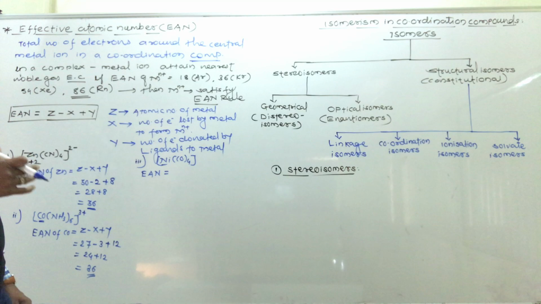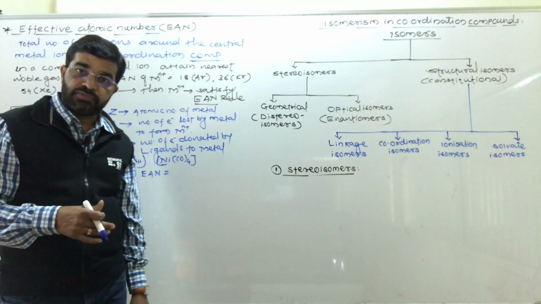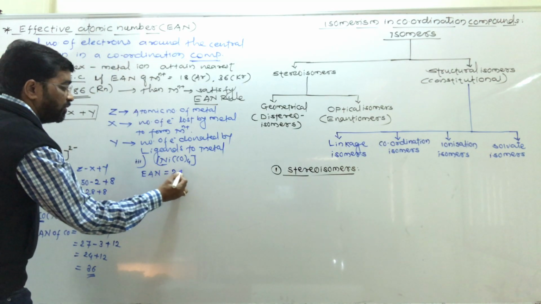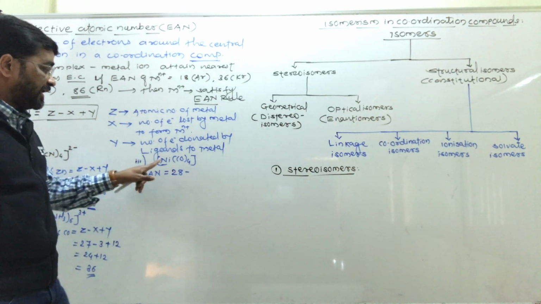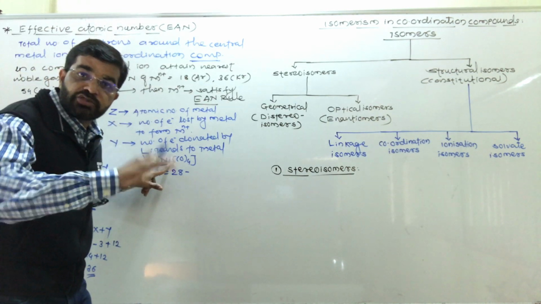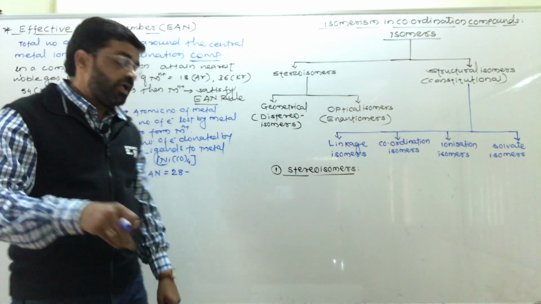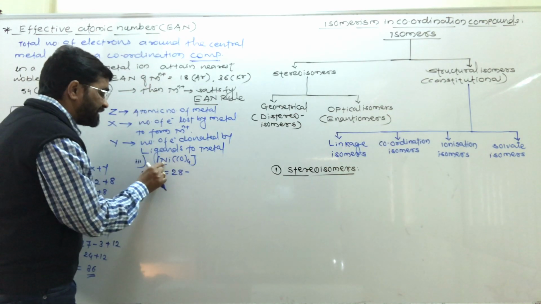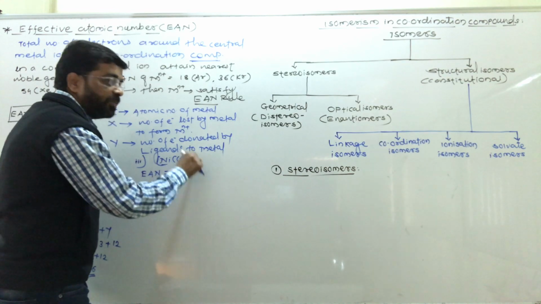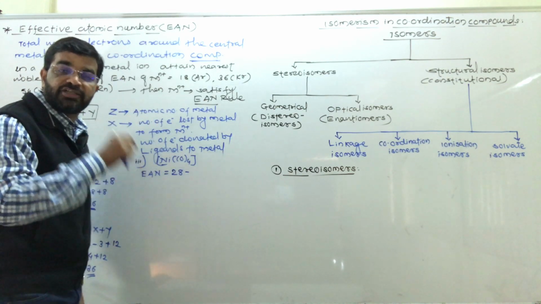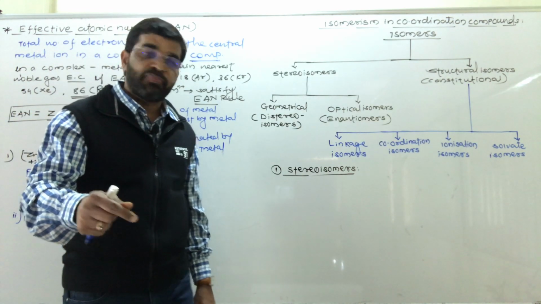The atomic number of nickel is 28 minus, there is no charge on nickel, means oxidation number of nickel is 0, क्योंकि ये सब न्यूट्रल लिगेंड अटैच है निकेल को और इसके ऊपर भी कोई चार्ज नहीं है, तो इसमें ऑक्सीडेशन नंबर निकेल का 0 आता है, 0.